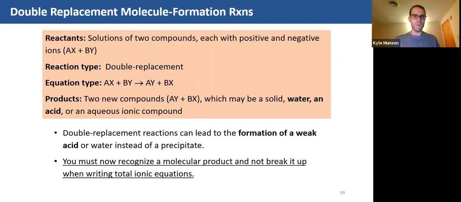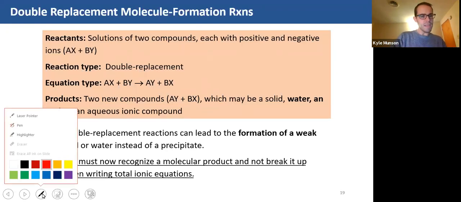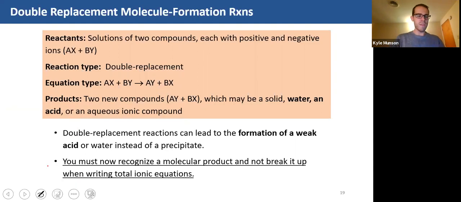Okay, so this is a complete review of double replacement reactions that we've seen in the last video and in previous videos. I want to draw your attention to this part here where it's talking about the products. Remember, in a double replacement reaction, two new compounds are formed, which may be a solid, water, an acid, or an aqueous ionic compound. So we've talked about solids before.